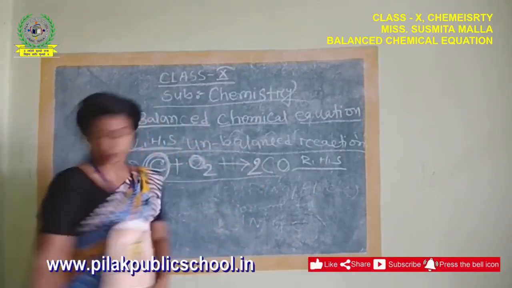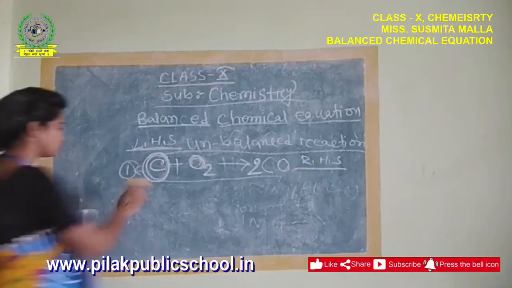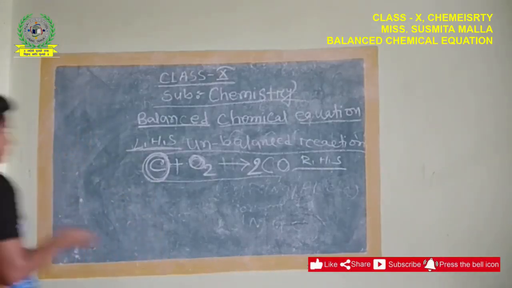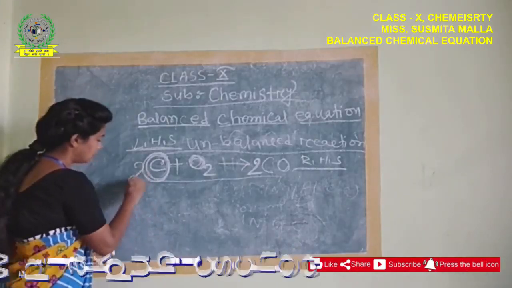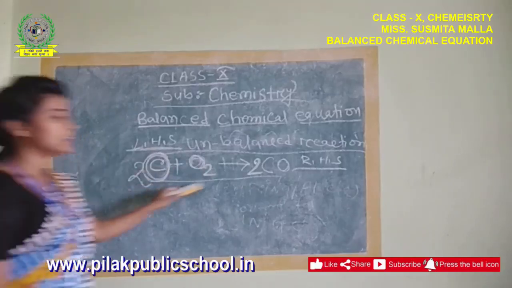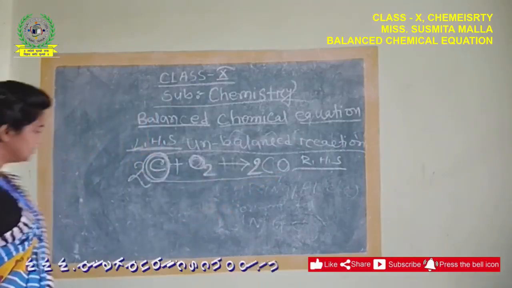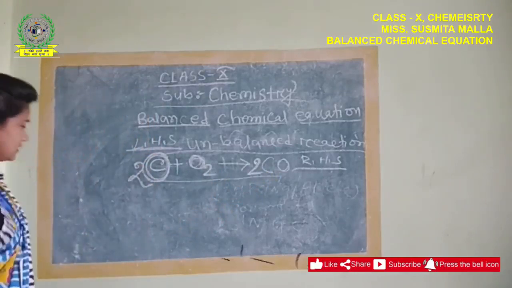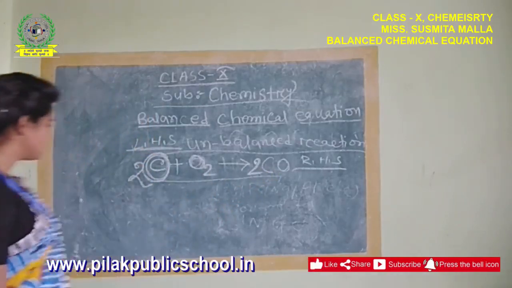So what we do? We put 2 in the left hand side of the chemical equation. Now we see whether the equation is balanced or not.